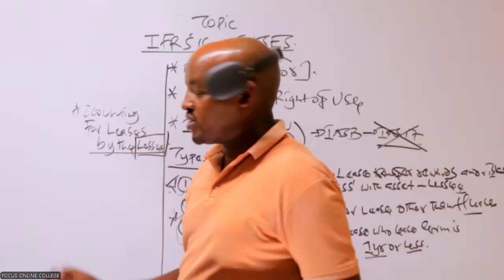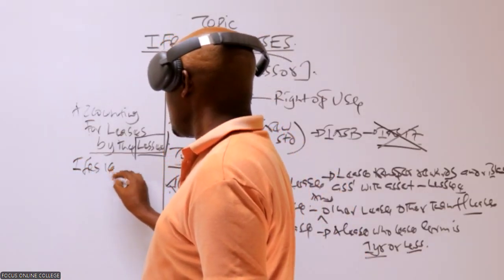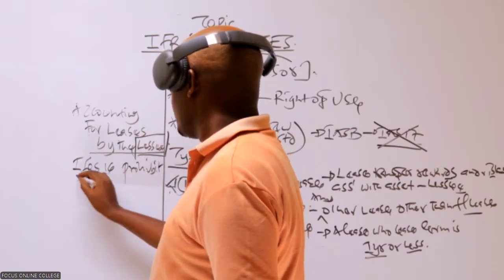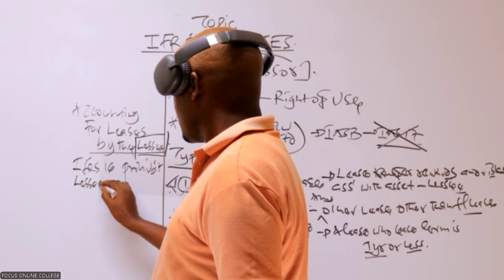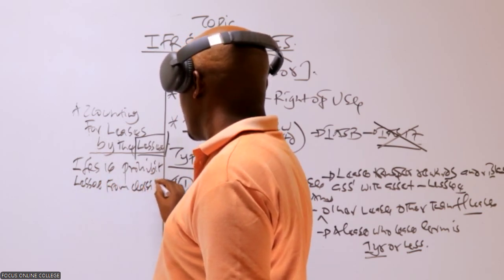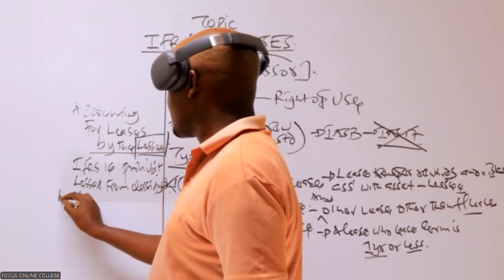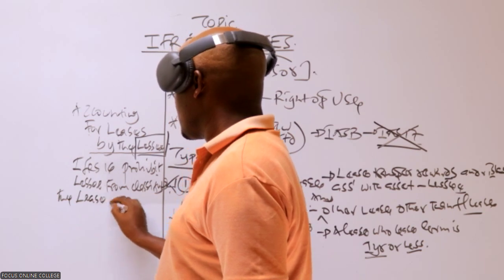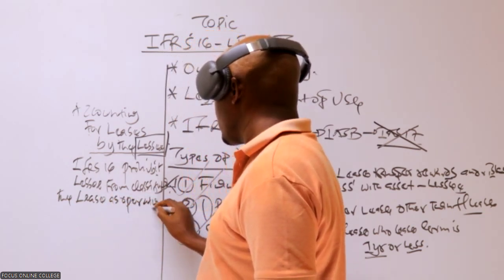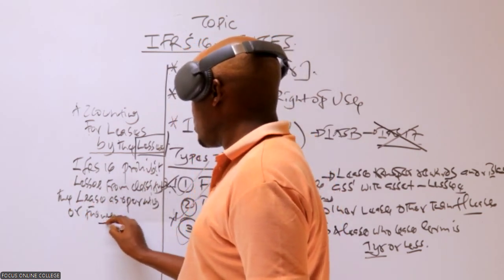We note down that IFRS 16 prohibits the lessee from classifying the lease as operating or finance.